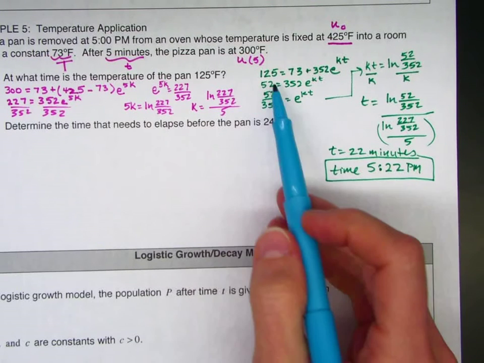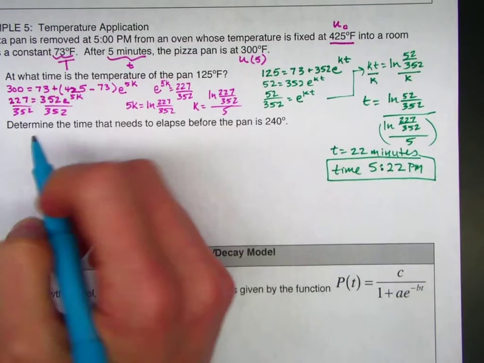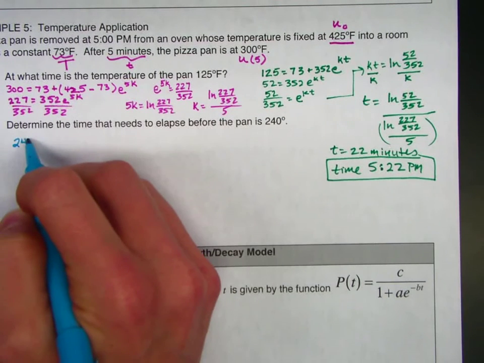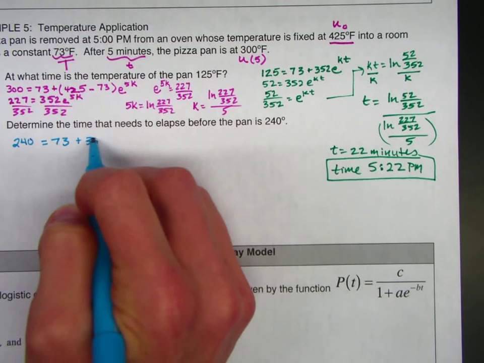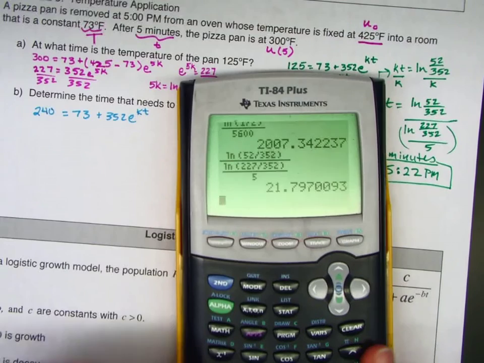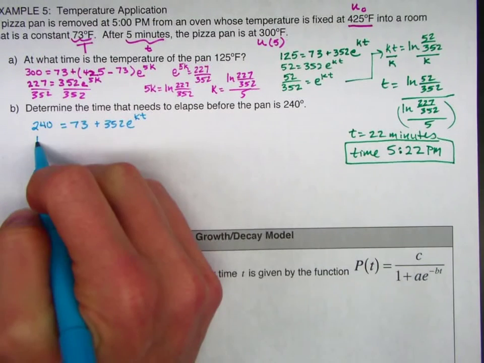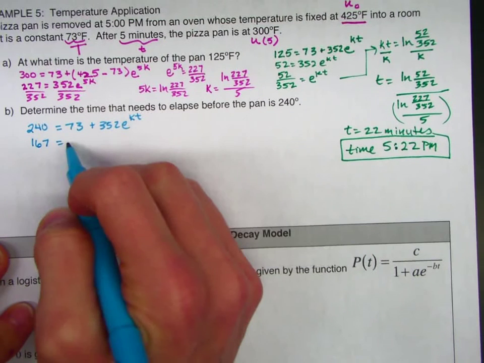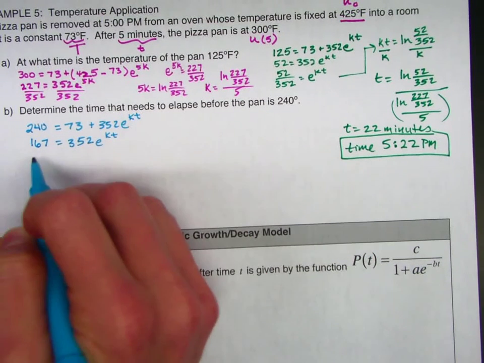Yeah, instead of the 125, you're putting 240, and you're going to solve everything the same way. So we have 240 equals 73 plus 352 e to the kt. We're going to subtract 73 from both sides. So we get 167 equals 352 e to the kt. We divide.